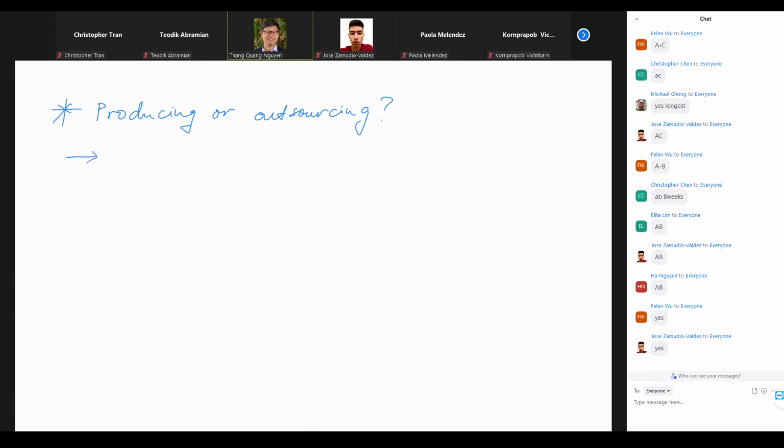In this context, right, producing has another name as vertical integration. So what does that mean, vertical integration? For example, we have the supply chain, and we are part of the supply chain, then we are here. Like Apple, like Tesla, right?